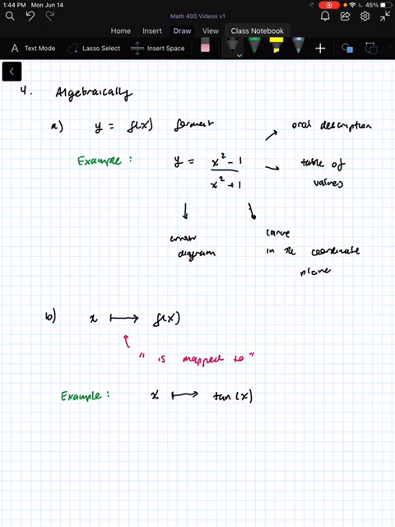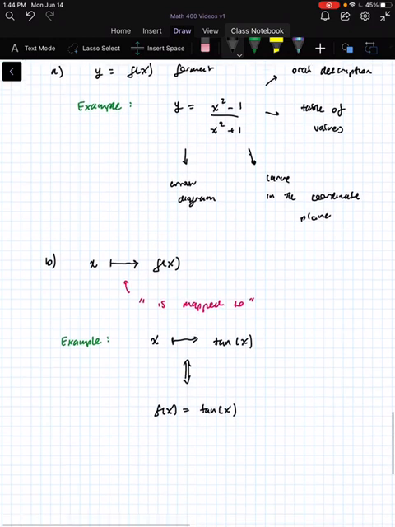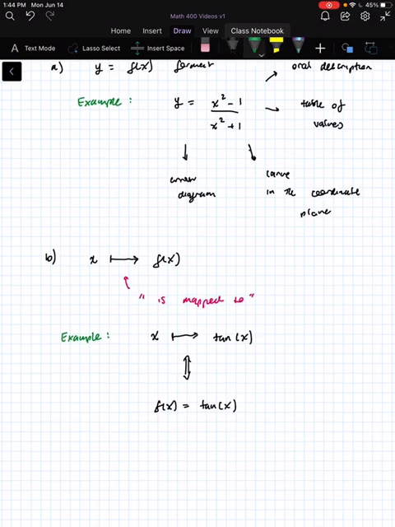So what we're saying is the function itself is, so interchangeably, we're saying f of x equals the tangent of x. And of course, tangent, spelled tangent function, is also a special name.